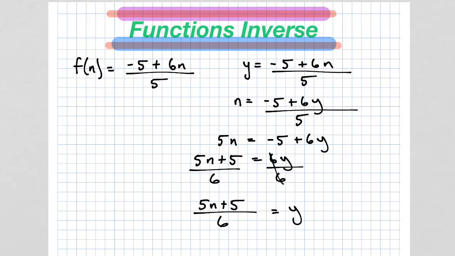That's pretty much the last step, once you get y by itself. So now we're going to say f negative 1 of n, the inverse of f of n, equals 5n plus 5 over 6. There's your inverse.